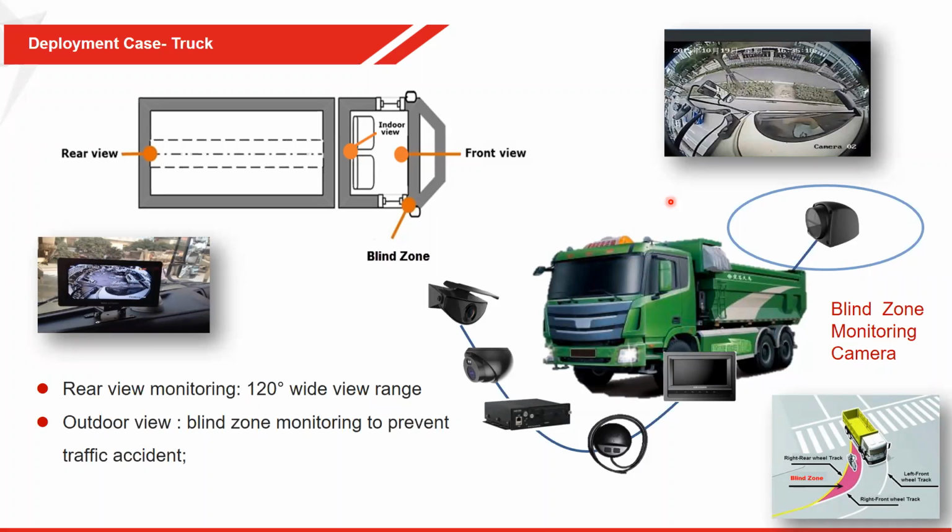Then, if we look at a truck solution, with a truck you could have monitoring of the inside of the cabin area, as well as blind spot camera monitoring, so that the driver knows when vehicles are coming and when they are turning, if there are any much smaller vehicles. The LCD monitor can be located in the cabin area for the driver.